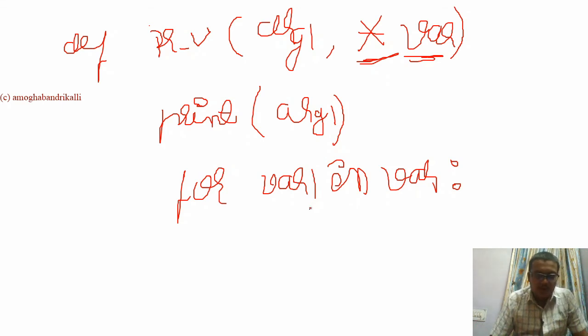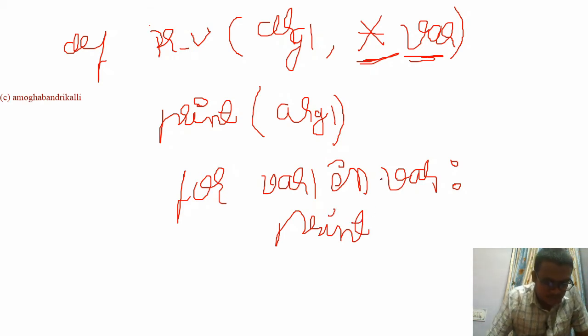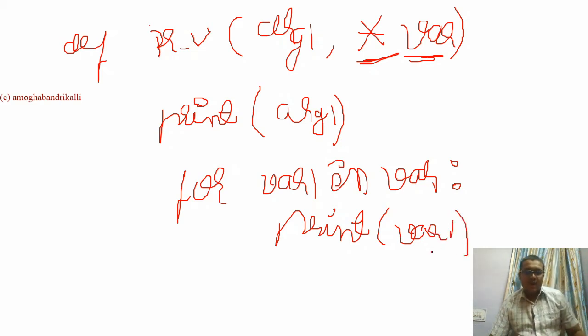Then you are going to have a print. What you are going to print is variable 1. This variable 1 is going to access the var position and it is going to give more than one result. So this is called a variable argument function.